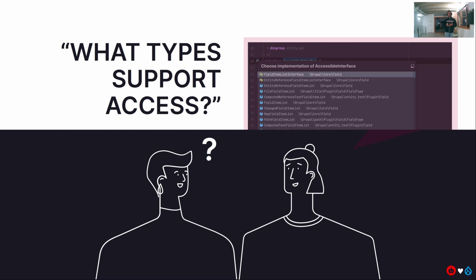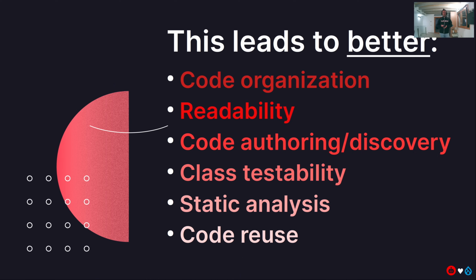It has the effect that you can reason about your code better, and you can discover and introspect your code better, because now you can click on the accessible interface and see all the list of the classes that implement that interface in particular. So it's easier to analyze your code from a static perspective.